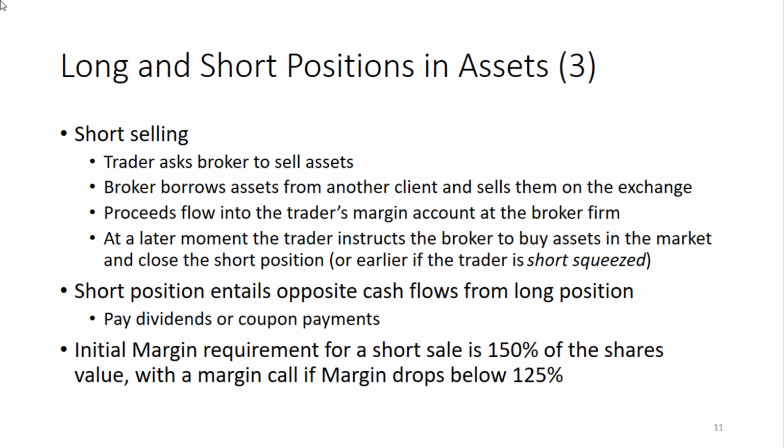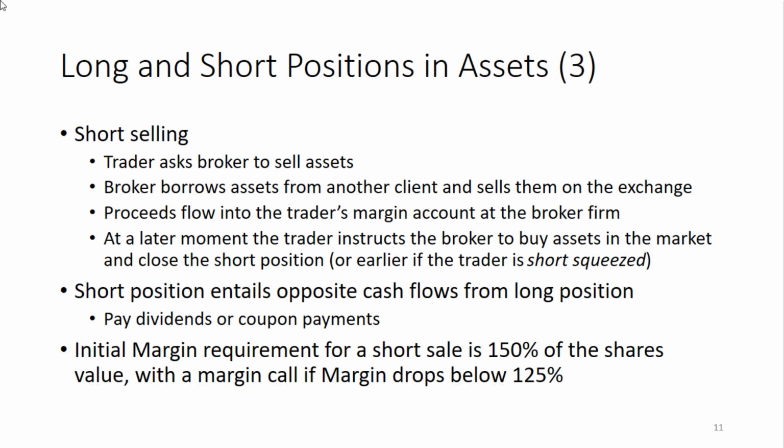So sometimes the trader could be short squeezed. What that means is that it could not simply determine the moment itself when it needs to give the asset back to the party that it borrowed it from.